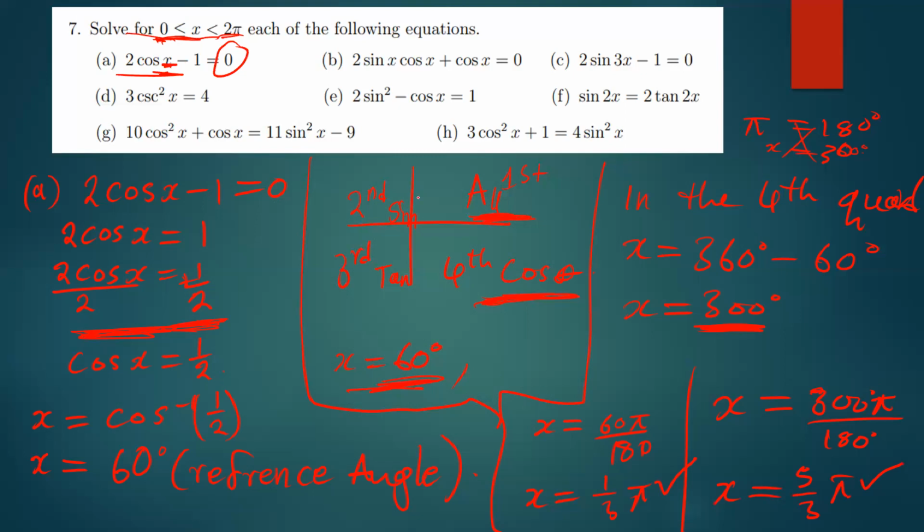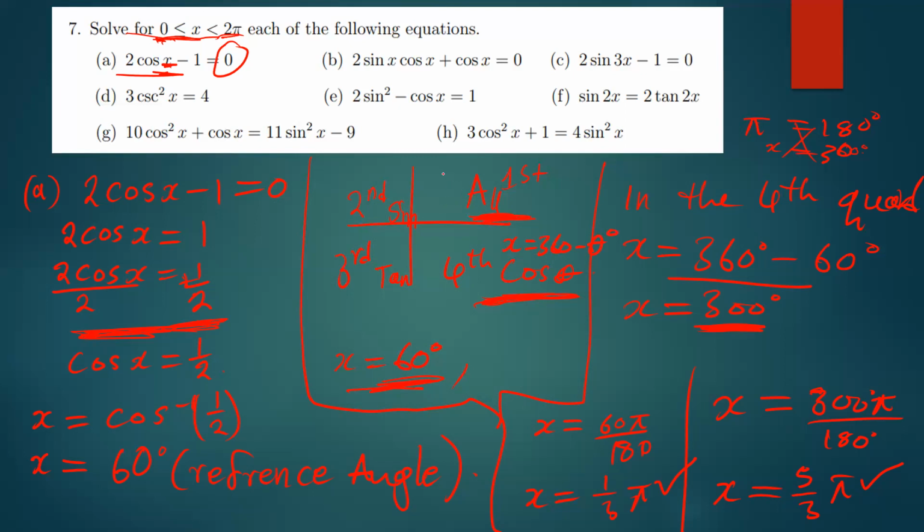Okay, so we move on to the next one. Do you have any questions on this one? Or maybe let me just talk about what I said on this part. In the fourth quadrant, to find the value of that given trigonometric equation, you say x is equal to 360 minus the reference angle theta.